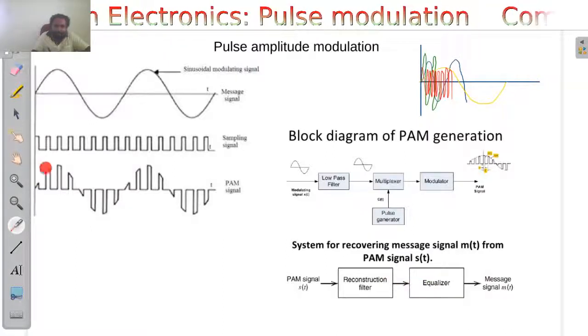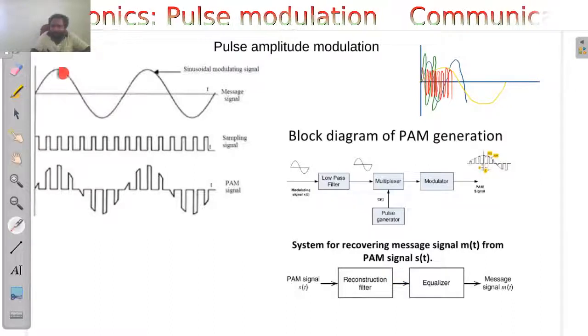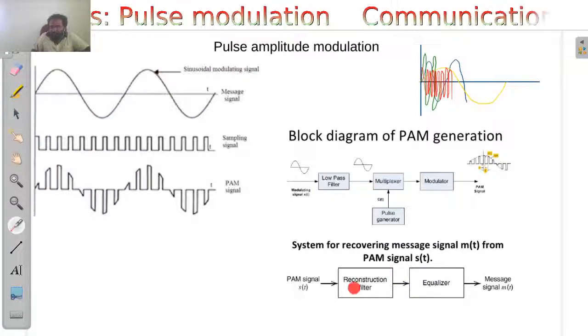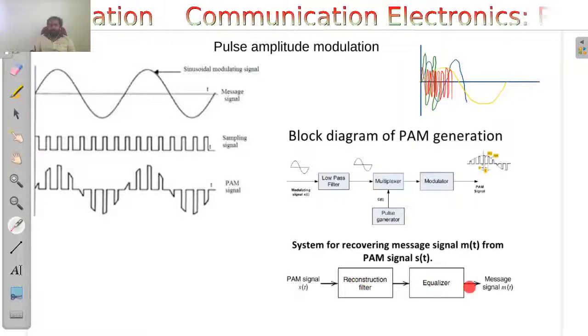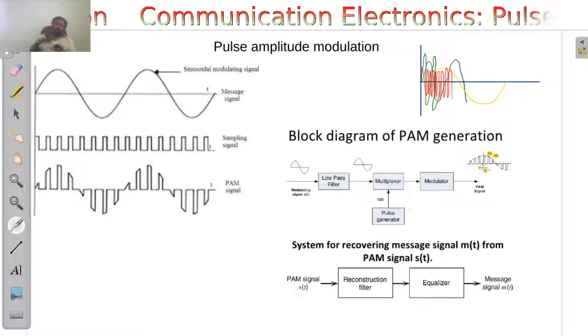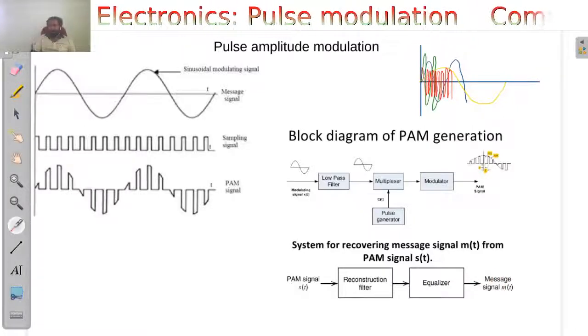The information in the envelope is converted into our message signal by a capacitor and resistor arrangement. Then the equalizer will adjust the amplitude and all, and the message signal will come out of it.